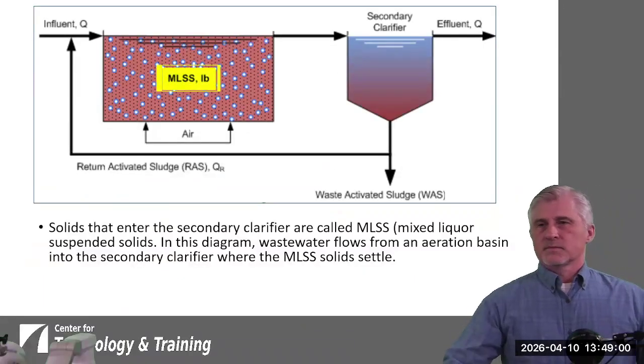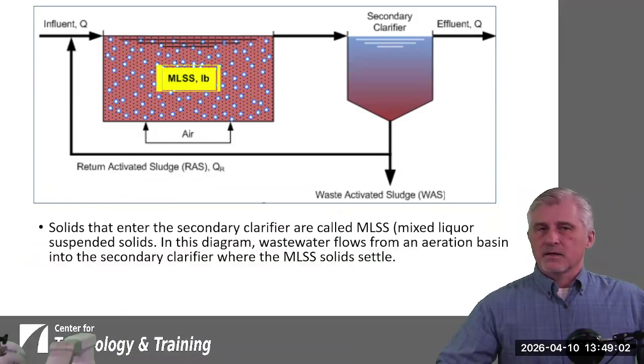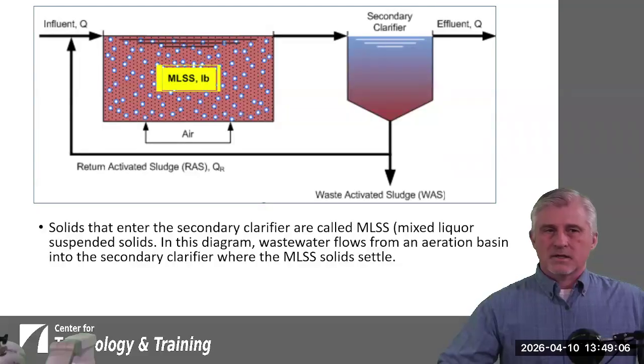So here we've got a diagram that shows an aeration tank and secondary clarifier. You can see you've got the influent coming in. We've got this MLSS, that's the mixed liquor suspended solids. Those are the solids that enter the secondary clarifier. The influent flows into the aeration tank.